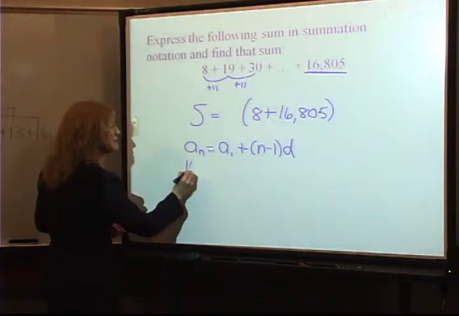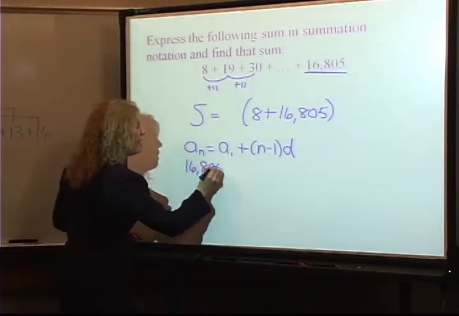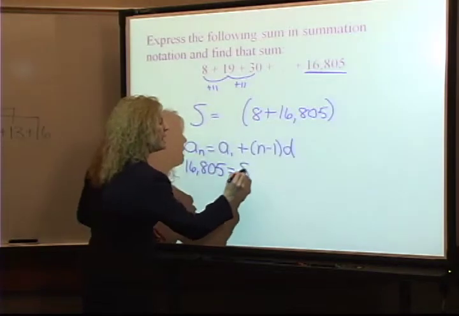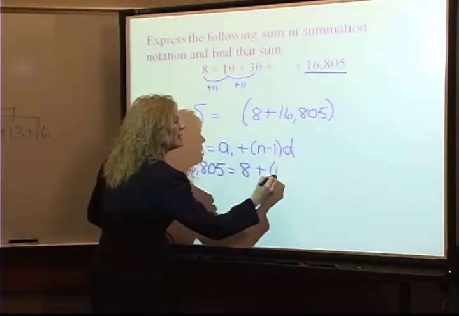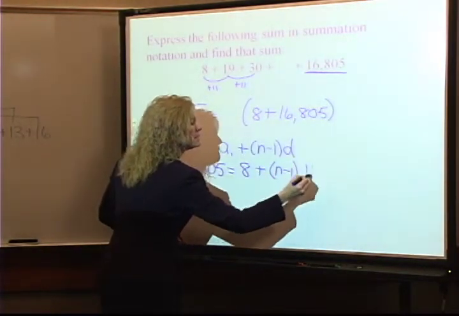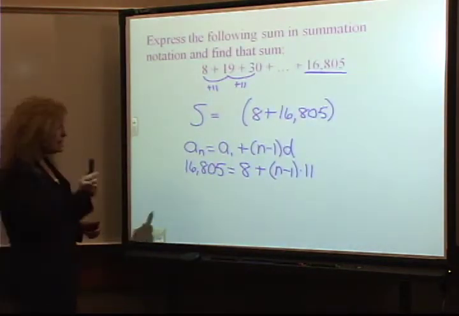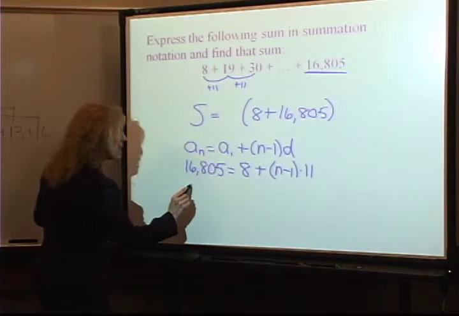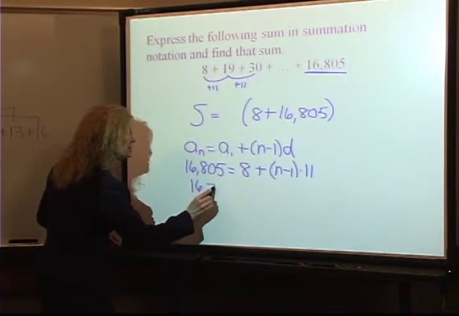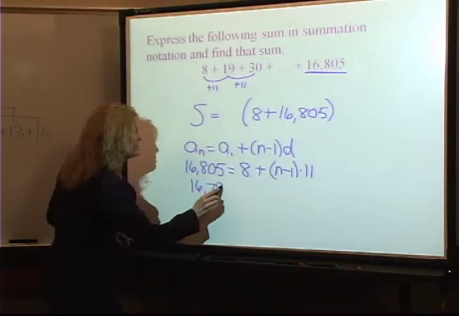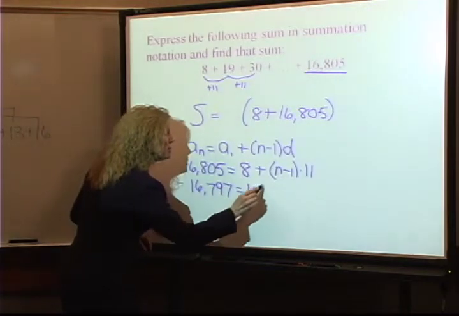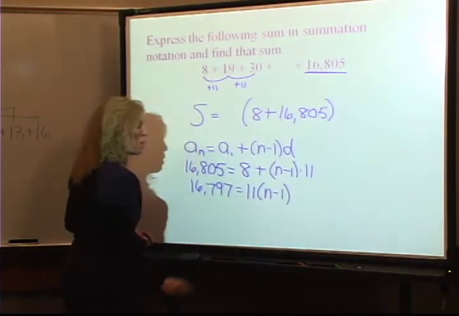So I can say 16,805 is equal to 8 plus n minus 1 times 11. The easiest way to solve that is to subtract your 8 across. So 16,797, I believe, is equal to 11 times n minus 1.